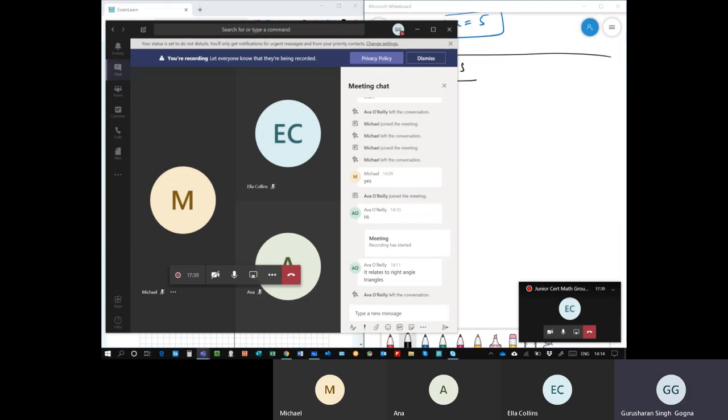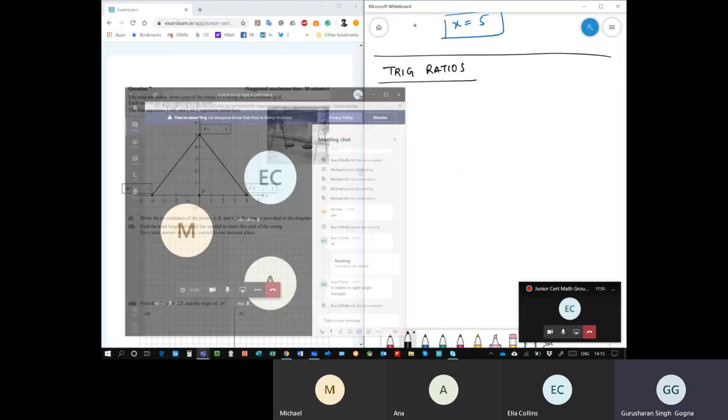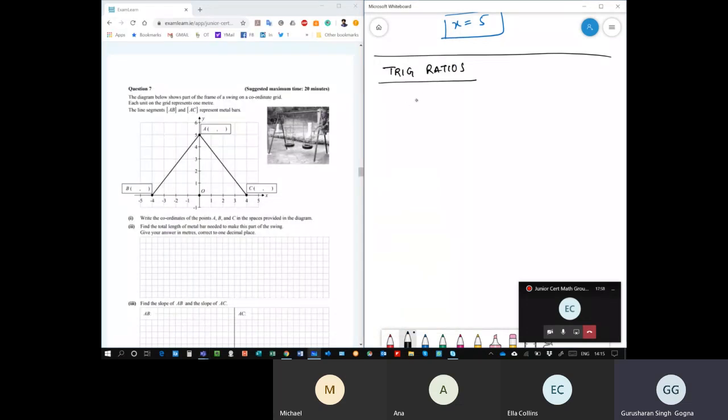What do you mean by ratio? You use ratio in many different topics, isn't it? So what's the use of ratio? Why we use it? Okay, so ratio is used when you want to compare two things.